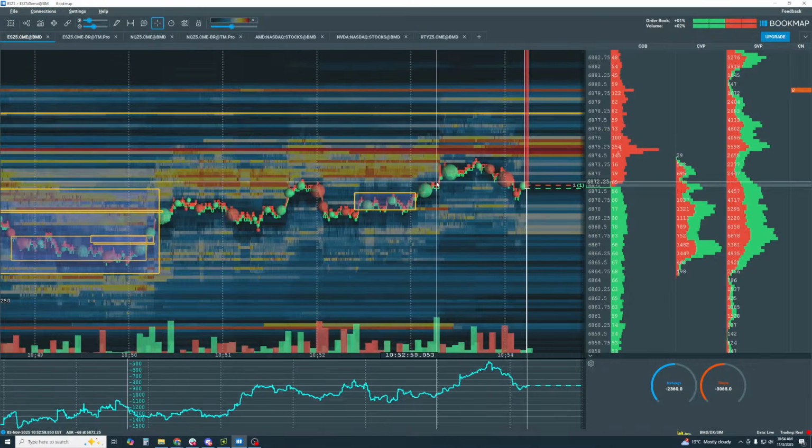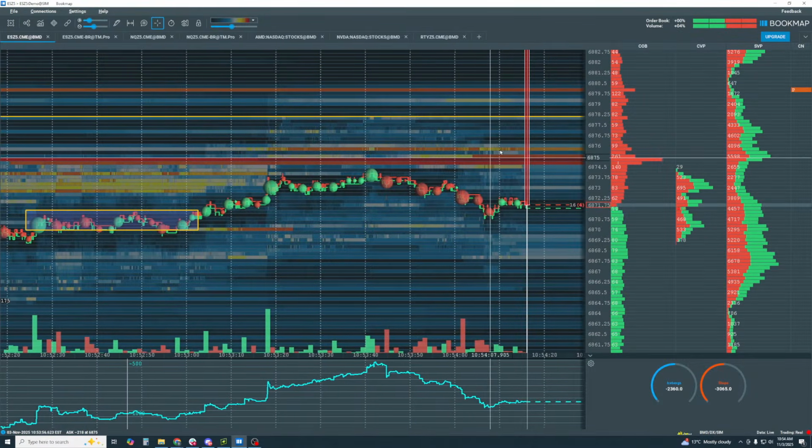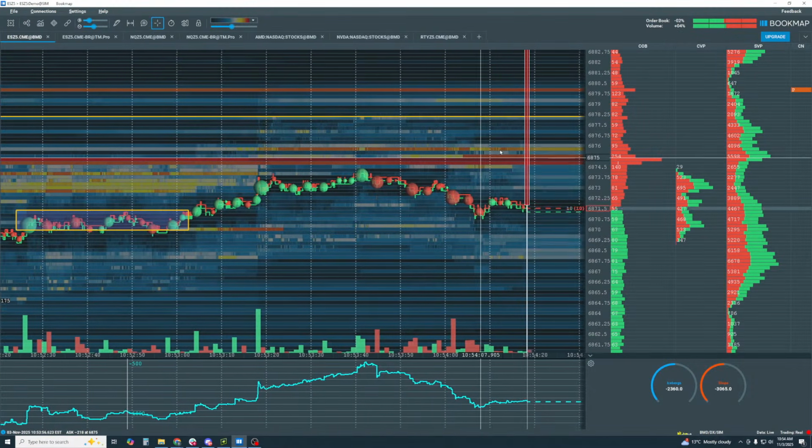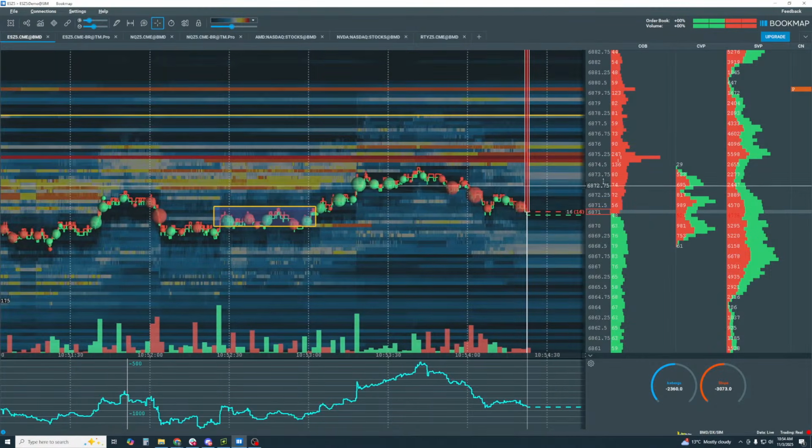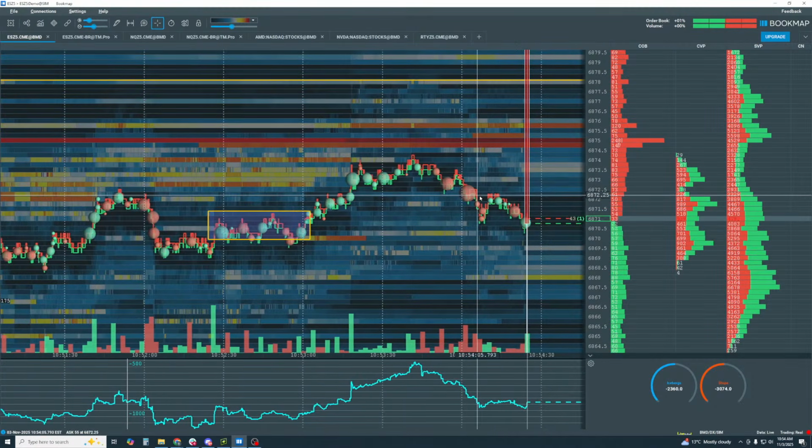If you take all of these things, it's more just to understand the concept than it is to trade it. We're not really looking for trading opportunities out of these smaller moves like this.